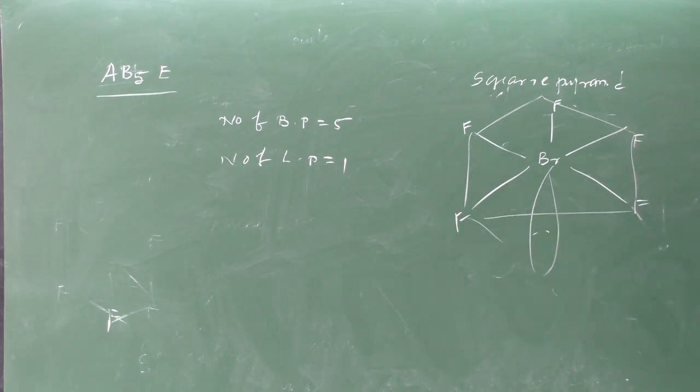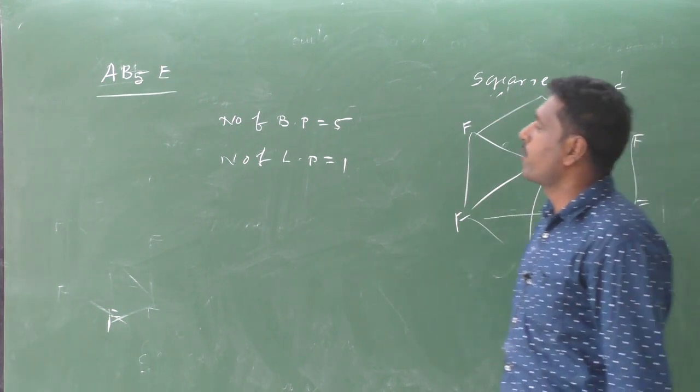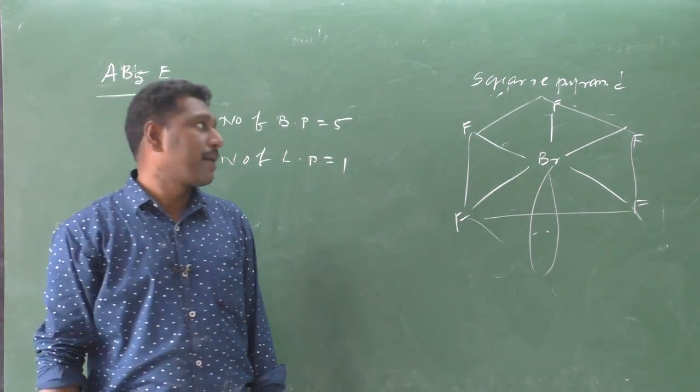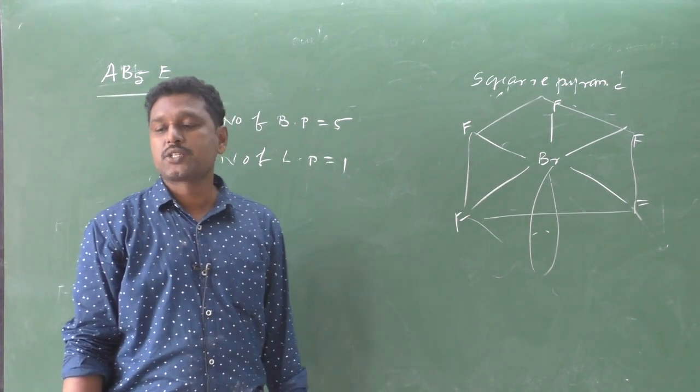BrF5: 5 bond pairs, 1 lone pair, so it is a square pyramid structure.